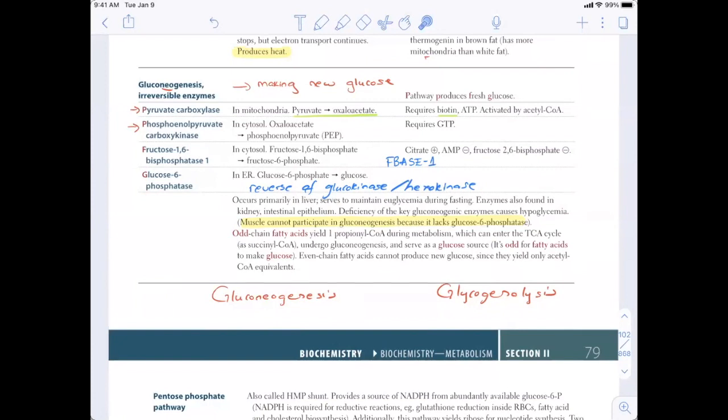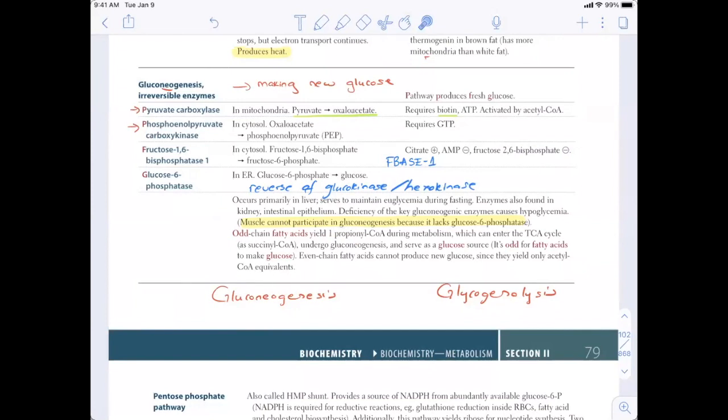Then it also tells us about other ways we can make glucose. Your fatty acids can contribute towards making glucose. It's very unique: now we're going from fats to glucose. Specifically, it's your odd chain fatty acids. I like to call this the PMS.